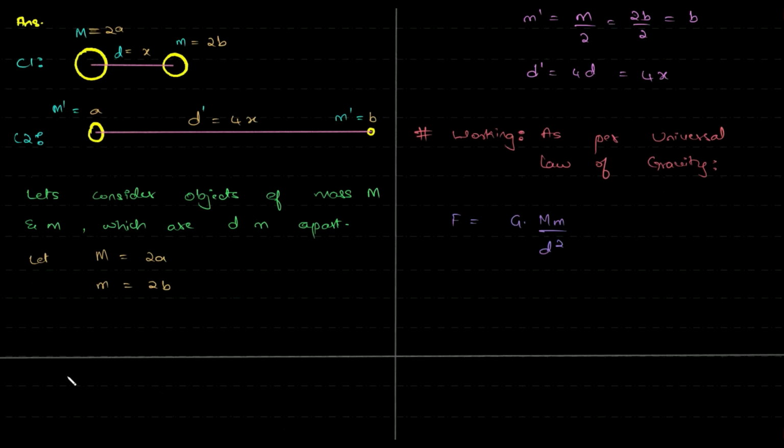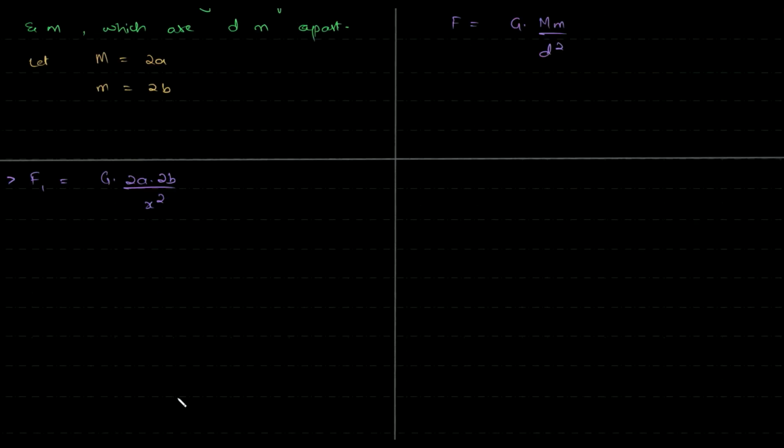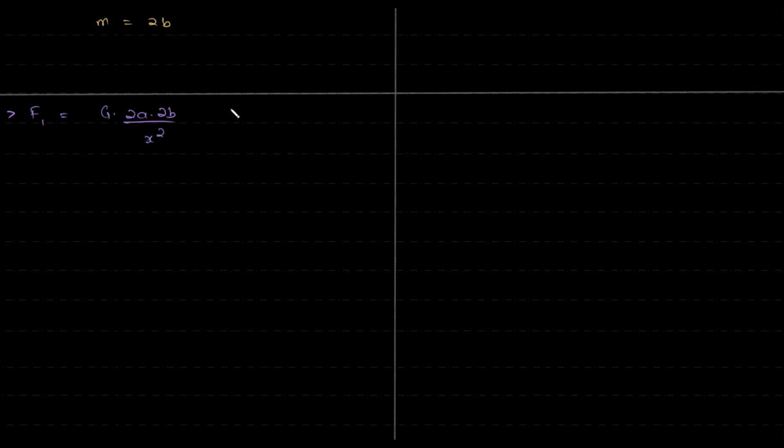So what will be our F1? Our F1 would be G, M here is 2a, small m is 2b, and this is x to the power of 2. So just rearrange, get the numbers at one end. So 4, 2 into 2 is 4, GAB by x square, because all of this will get cancelled, is it not?